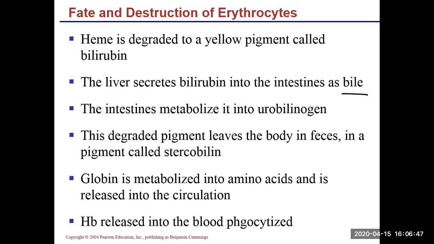Now, we want to take a look at what happened to the globin and the rest of the story. The globin is metabolized and broken down into amino acids. As you know, amino acids can be absorbed into the circulation. It could go different places. Our cells can use these amino acids for making their own protein. Our enzymes are made out of protein, antibodies are made out of protein.